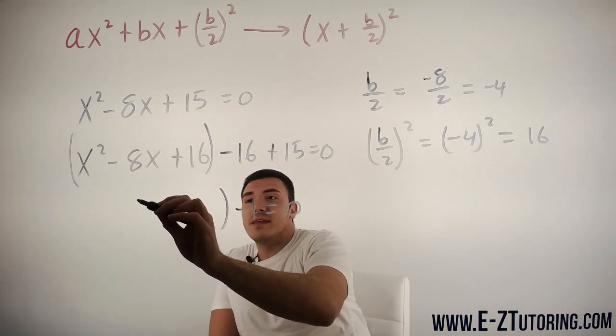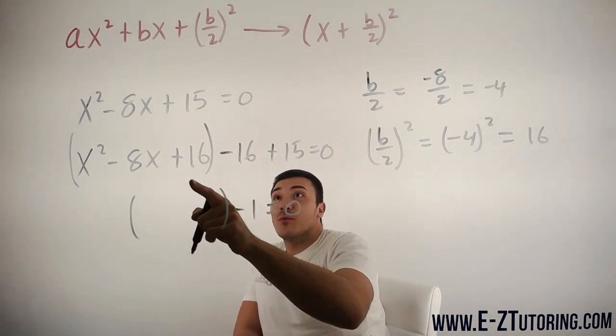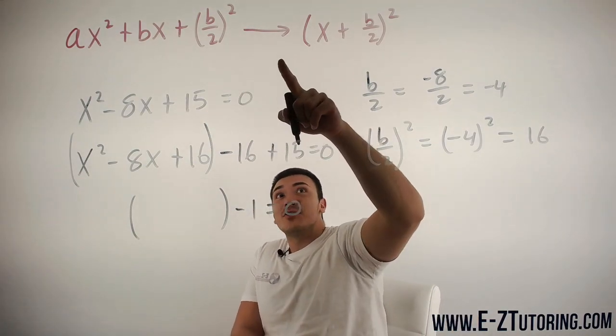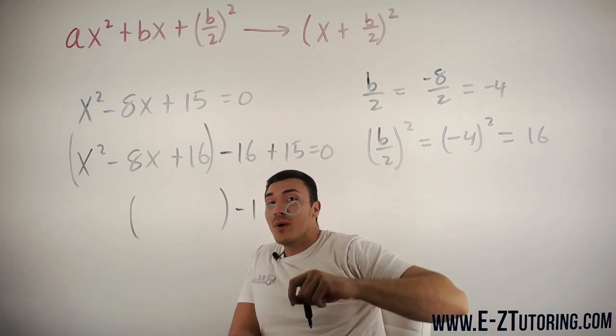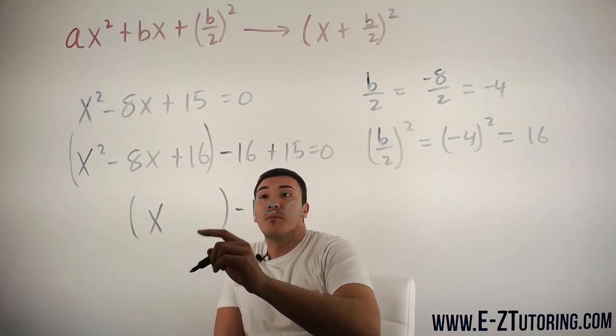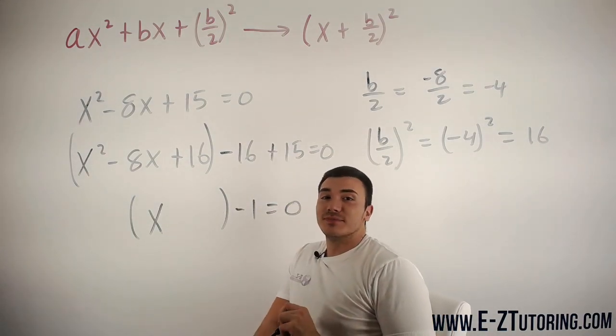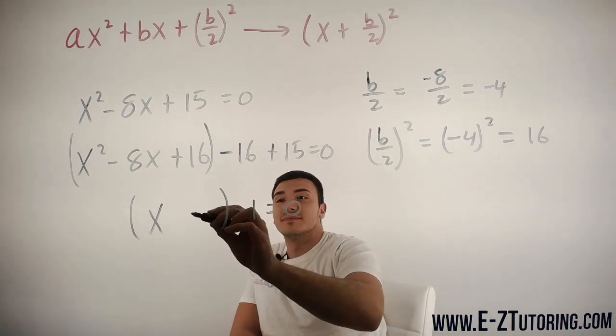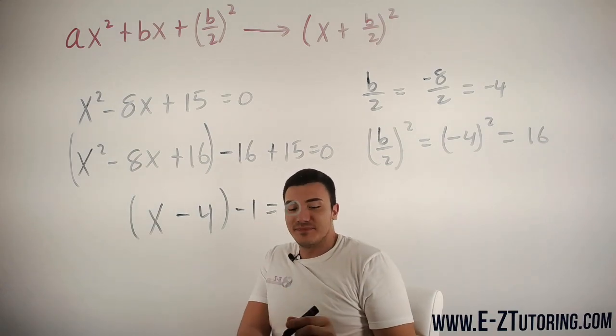So now dealing with this, now that we're in the form that we want, in the form that we like, we can then jump to x plus b over 2 squared. So x plus b over 2. What is b over 2? Negative 4. X minus 4.